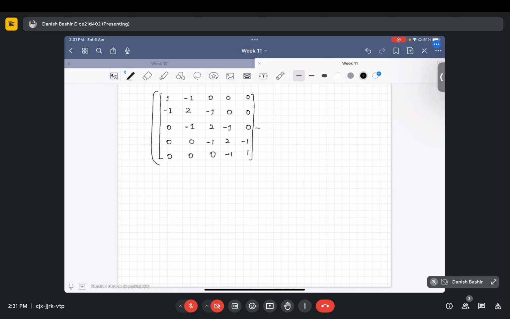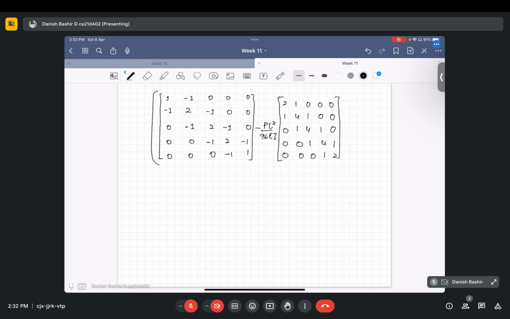Then we have our common factor PL square by 96 EI. It's common for everyone. And we will have one more matrix like this, with entries 2, 1 and then three zeros. Then 1, 4, 1, then 0, 1, 4, 1, 0, then 0, 0, 1, 4, 1, and then 0, 0, 0, 1 and 2.